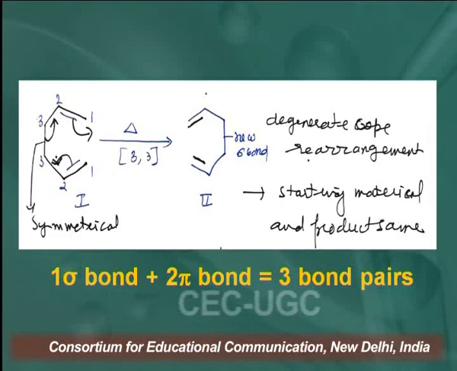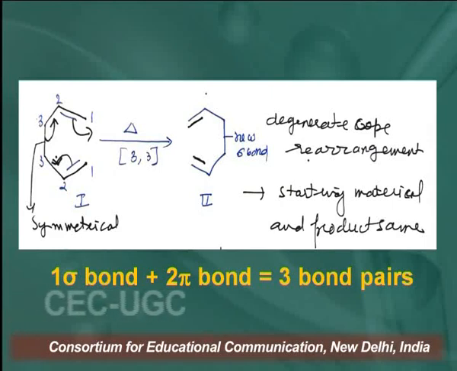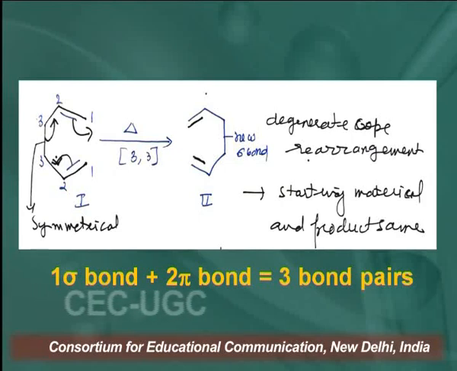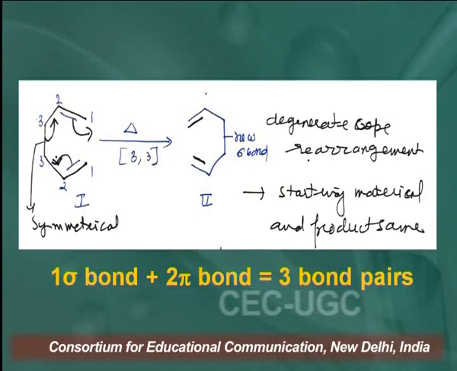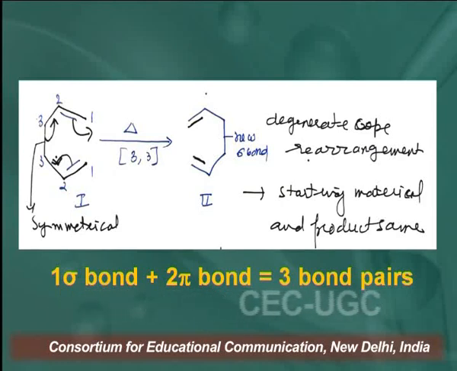So this is a symmetrical 1,5-diene, and such a rearrangement reaction is also called a degenerate rearrangement reaction, where the starting material and the product are the same, right? Because both are isomers of each other. These are constitutional isomers where the number of carbons and functional groups is the same, but the position of the functional group is different.